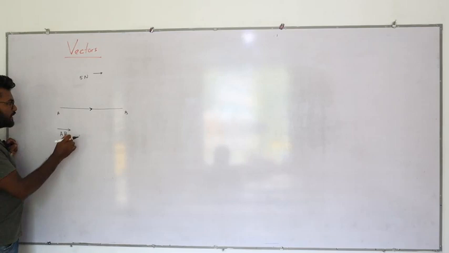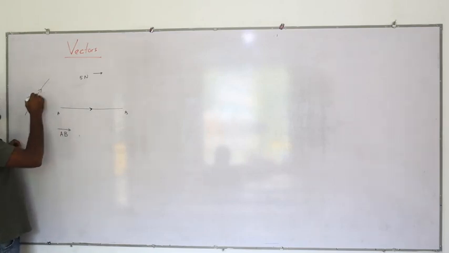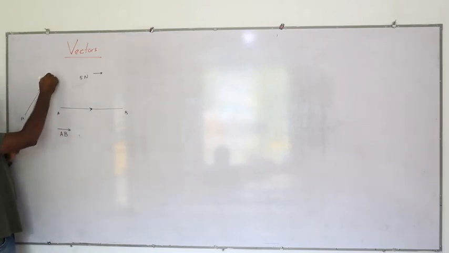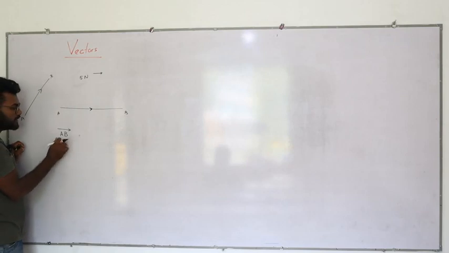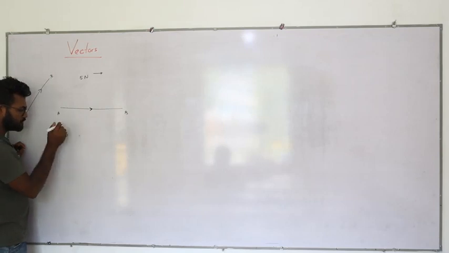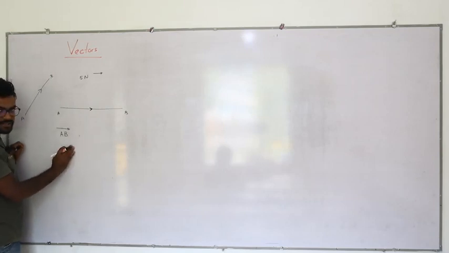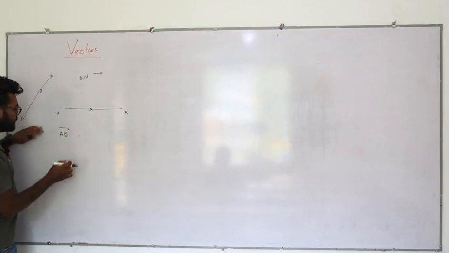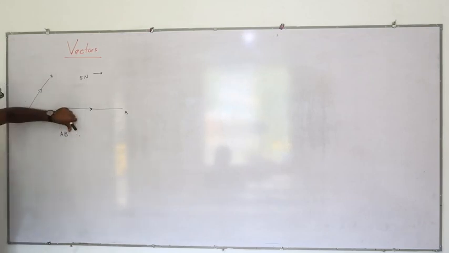But let's say the AB is to this side. If you are representing that AB vector, you are not drawing a line like this. Still, you can represent it like this, AB vector. If you write only AB, it says only a length.